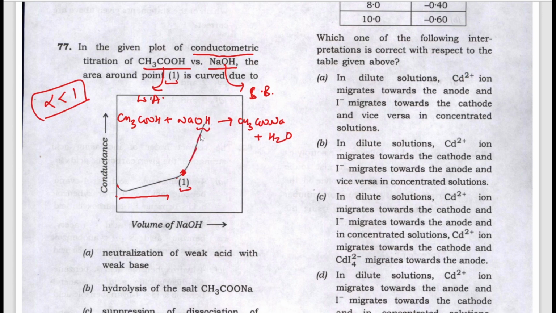So this conductance will increase after this point due to the presence of OH negative anions because of sodium hydroxide. But the acetic acid will be completely dissociated up to the first point, and we will get sodium acetate plus water. So at this point we will get hydrolyzed sodium acetate.